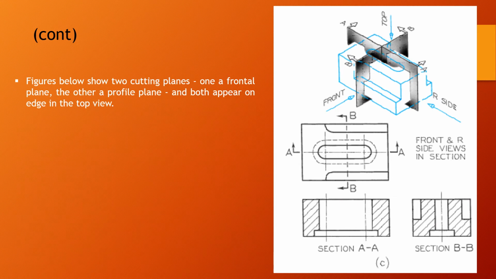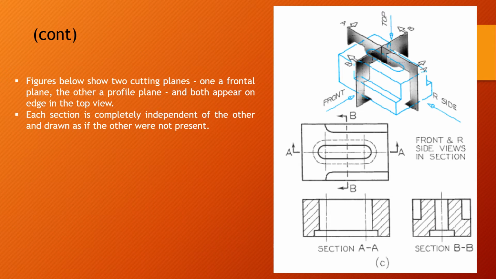The figure below shows two cutting planes, one a frontal plane, the other a profile plane, and both appear on edge in the top view. Each section is completely independent of the other and drawn as if the other were not present. You can see that the object given here is symmetrical. That is the front view and the top view, and this one is the side view.